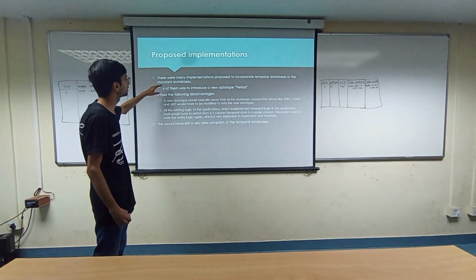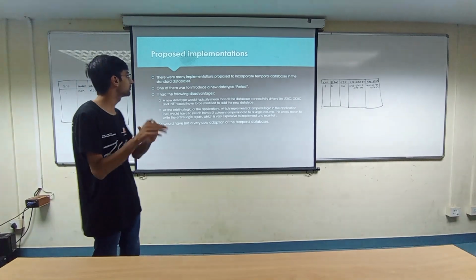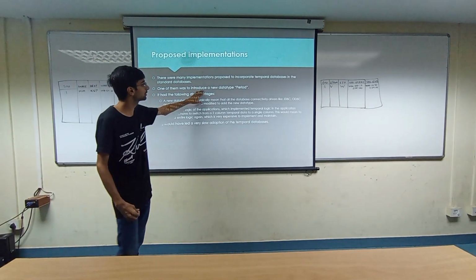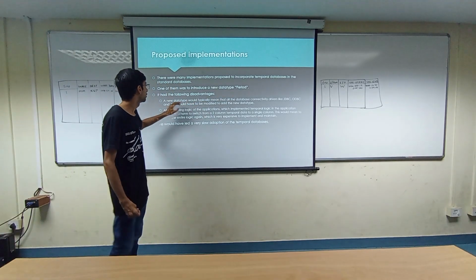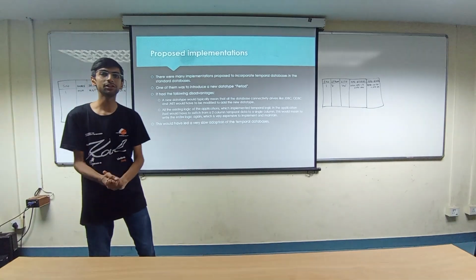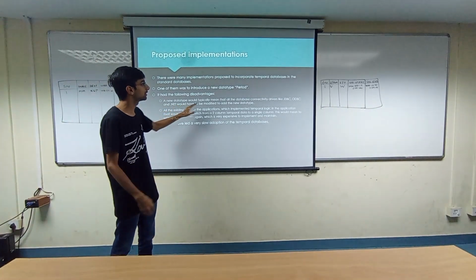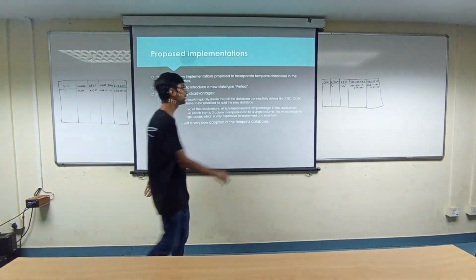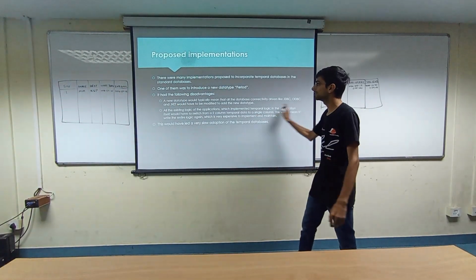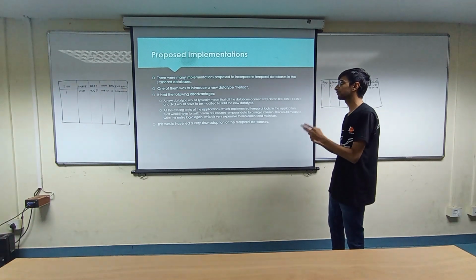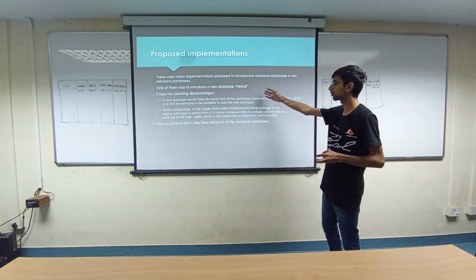There were many implementations proposed, which include introducing a new data type called period. It had the following disadvantages. Introducing a new data type would mean that all the database connectivity drivers present in the market today, like JDBC, ODBC and the .NET drivers, would have to be modified completely and would have to incorporate a new data type called period.